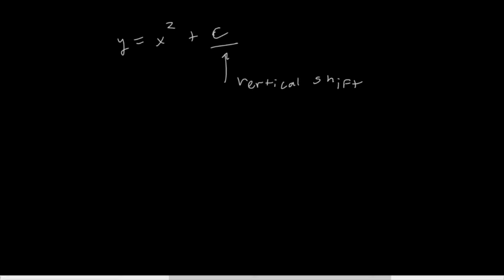Consider y equals x squared plus 2. So if I have my graph, that means my vertex will no longer be at 0, but instead it will be at 2. Can't see the screen.